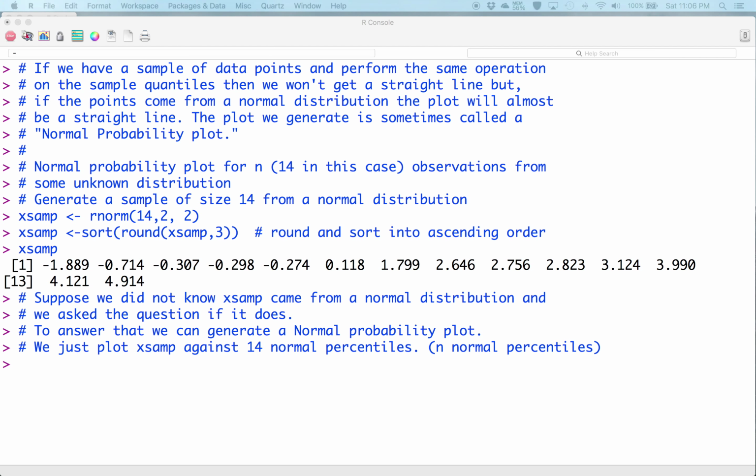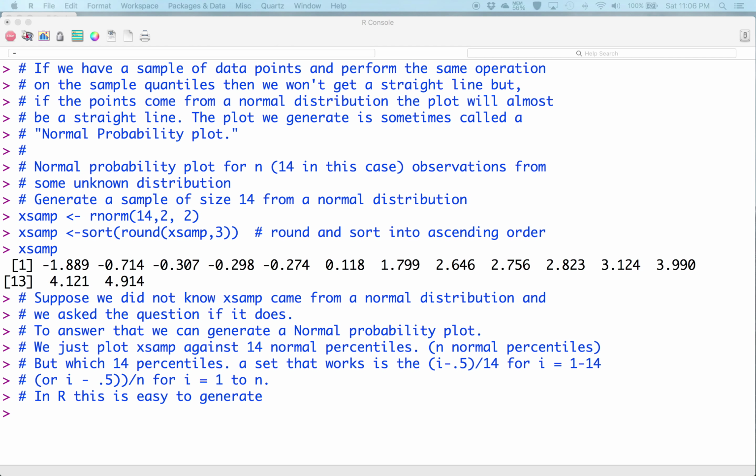In general, if we have any number of values, say n, the first percentile that I'm going to get will be 1 minus 0.5 over n, in this case 14. The second one will be 2 minus 0.5 over 14.